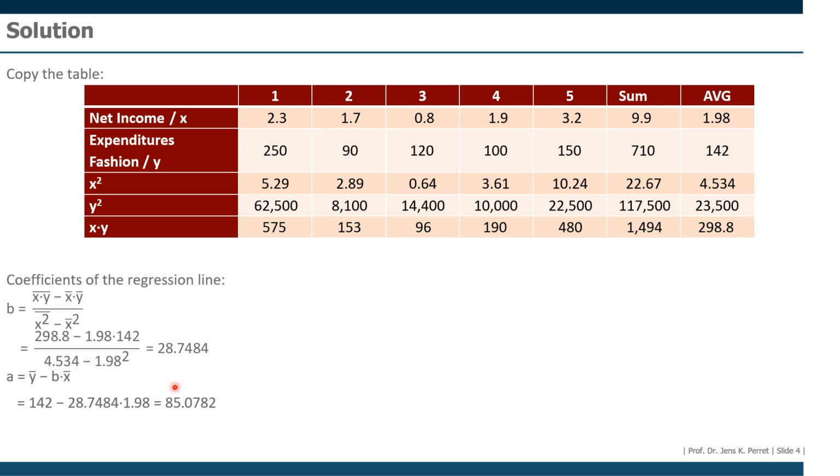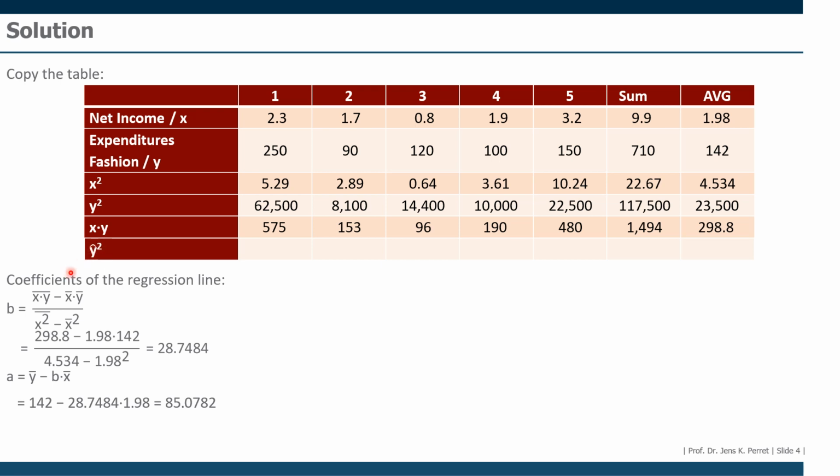So the regression line as such would read y is equal to 85.0782 plus 28.7484 times x. If I'm going to use this information, I can directly calculate one more row for my table, which is the y hat squared.